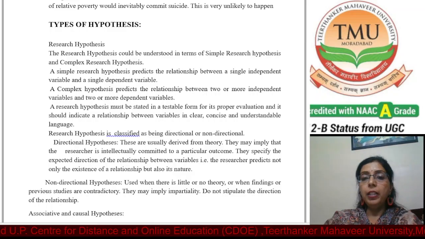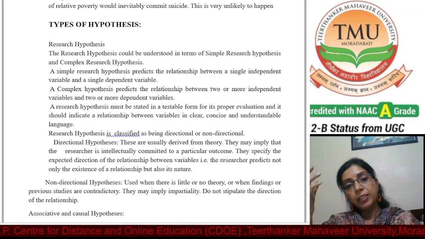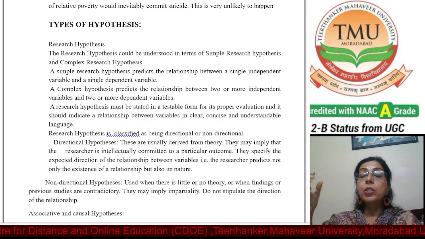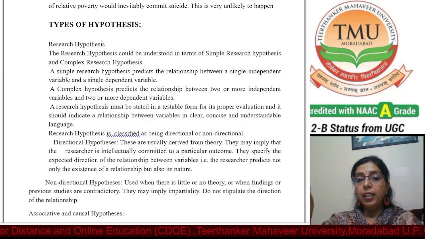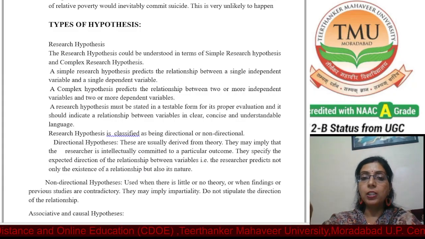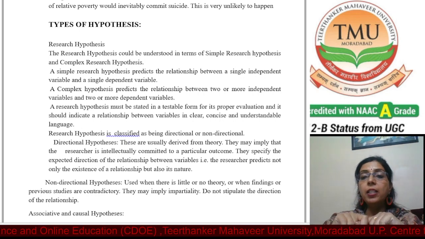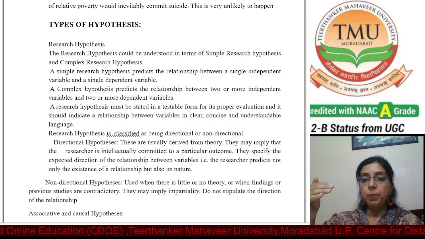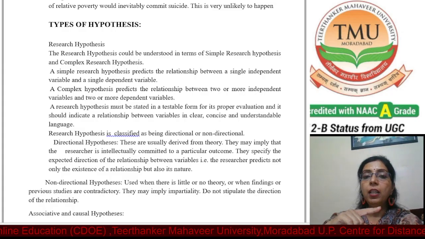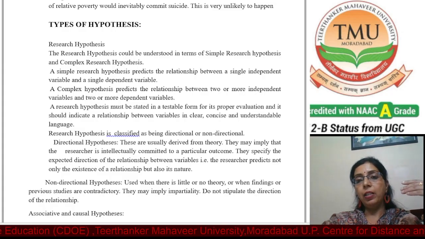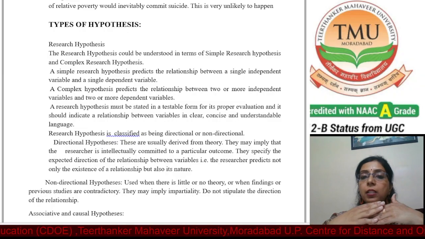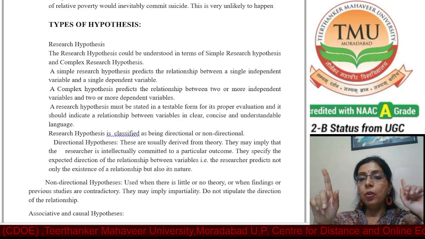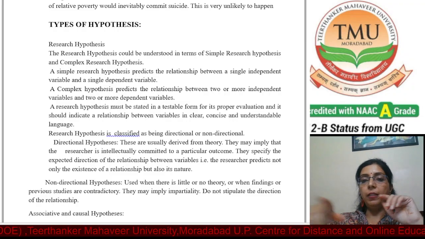Or similarly, students with high test anxiety will score badly in examinations as compared to students with low anxiety, is a directional research hypothesis because it stipulates the direction of the difference between the groups. There are two groups: students with high test anxiety and low anxiety level.